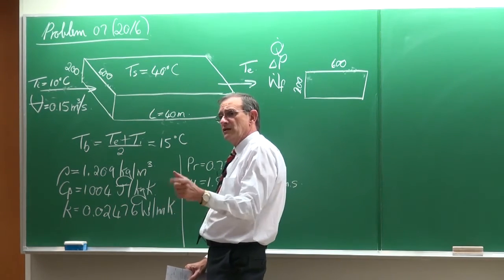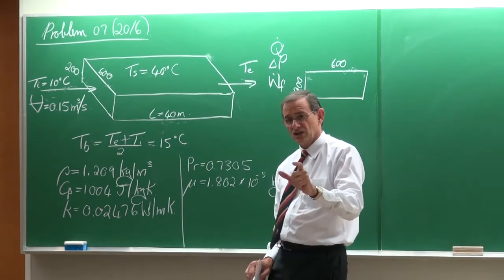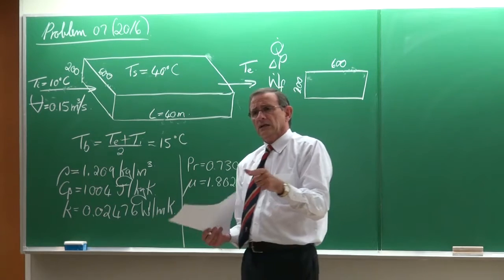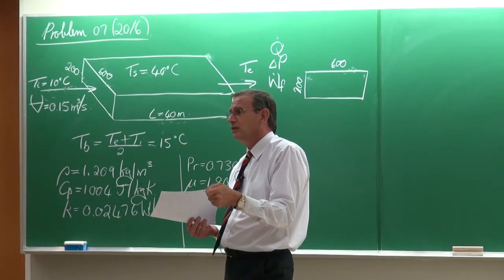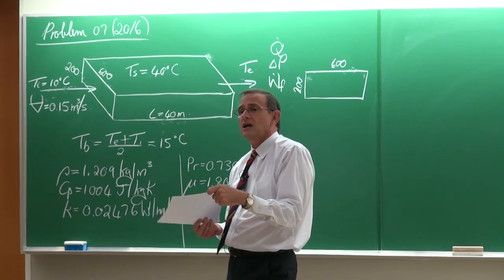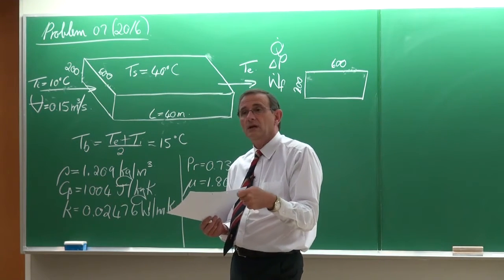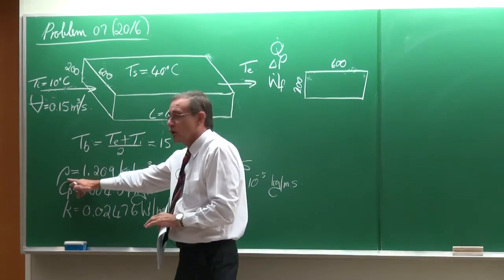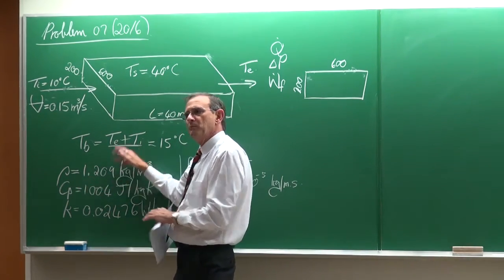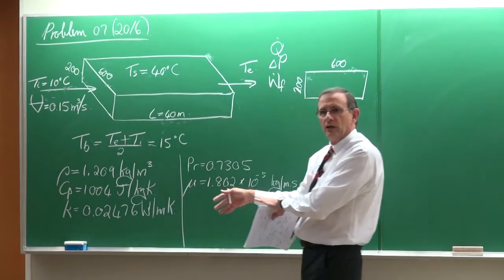The reason is that in your textbook, Cengel and Ghajar, there's actually a CD-ROM with the program EES on it. It's a very helpful tool in the sense that you can just specify the properties of air at that temperature and it will calculate all the values for you.